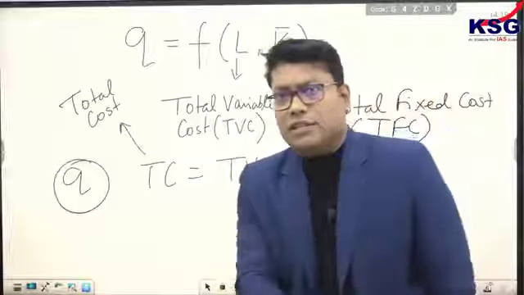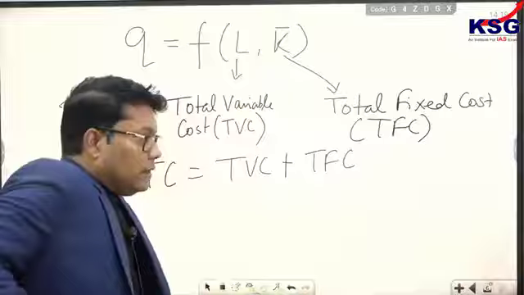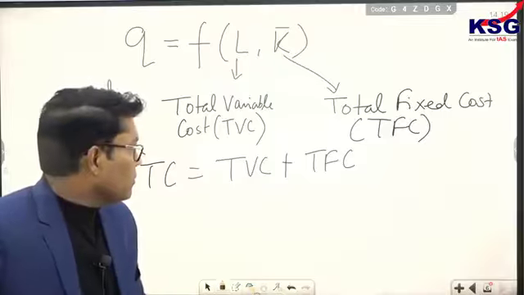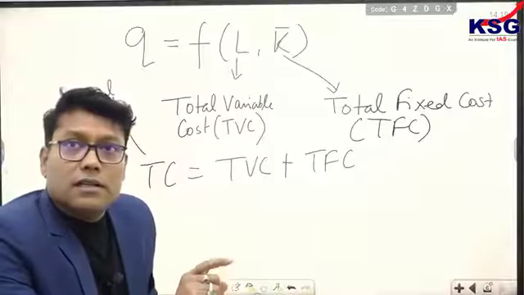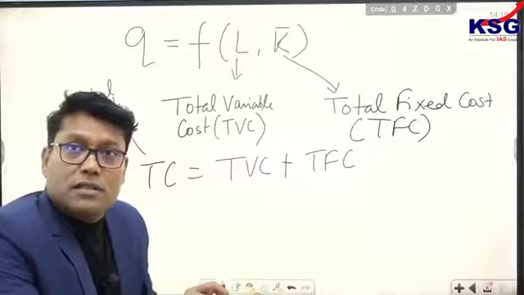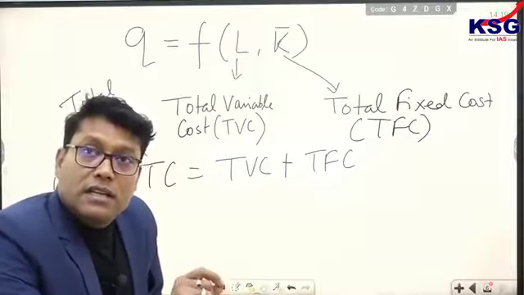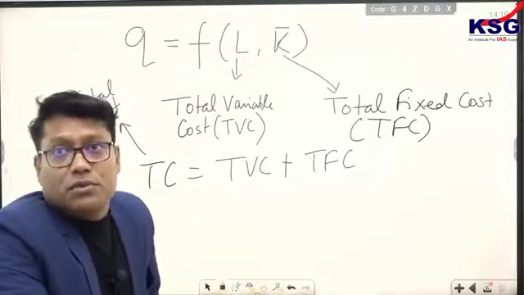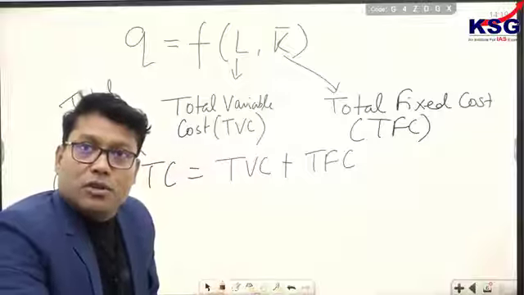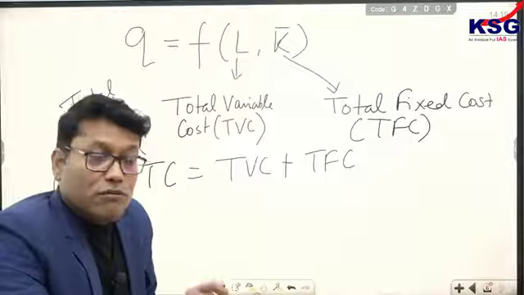Now, please write TVC. Just give the heading TVC, total variable cost. Okay, you have written this. Total variable cost is the cost incurred on variable inputs.